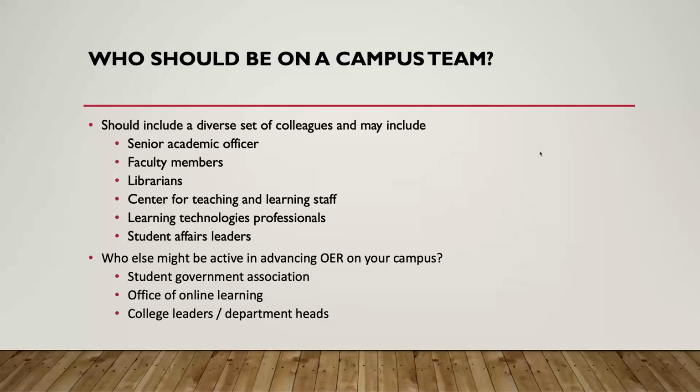You might even think about including someone from the Student Government Association, the Office of Online Learning, other college leaders, so a department head or an associate dean, for instance. Those might be those that you would include in your campus team. So I think campus team development is really, really key.